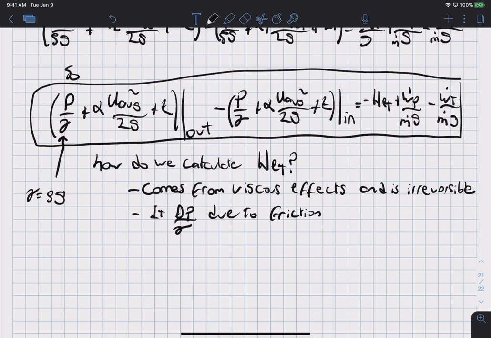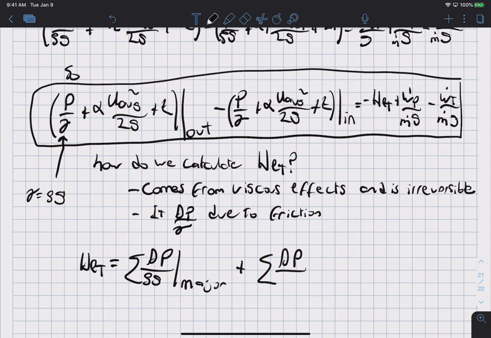So then the head loss, which has units of feet or meters, is equal to the sum of all the pressure drops for the major losses, plus the sum of all the pressure drops divided by rho g for the minor losses.